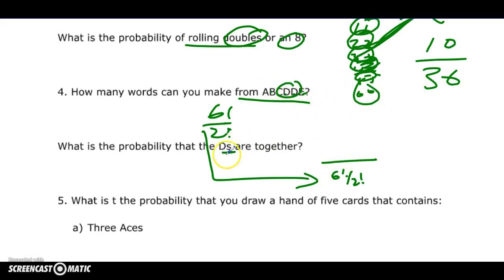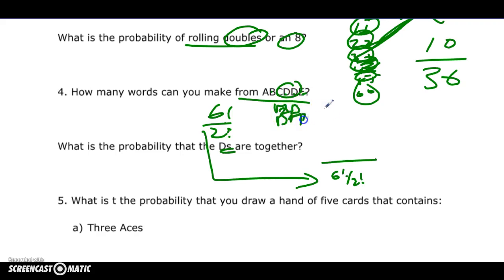And then on the top, you want to figure out how many words you can form where the D's are together. What you're going to do here is treat the D's as a group. This is like when the 2 guys sit together, which I think was in yesterday's question. But the difference is these D's are identical. So when you go A, B, C, D and say let's put the D's together, normally when I said let's line up our friends Bill and Mike together, it can go Bill, Mike or Mike, Bill.